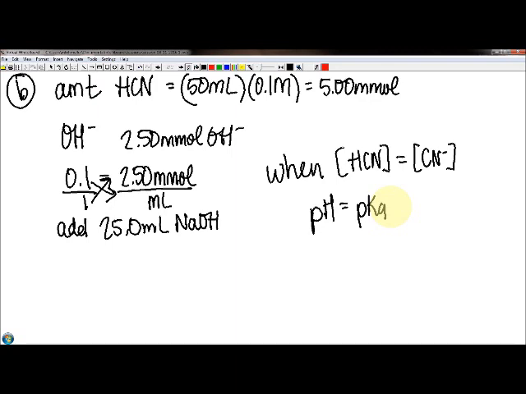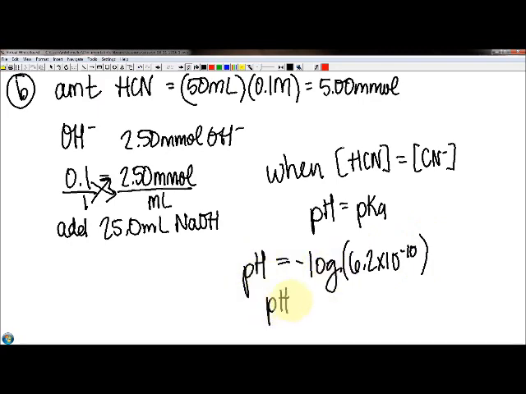We can just plug in where if we know Ka is 6.2 times 10 to the negative 10, then we could take it like we would if it was H plus and take the negative log of that to find our pH, because we're solving for pKa there. So the pH at the halfway point is 9.21.